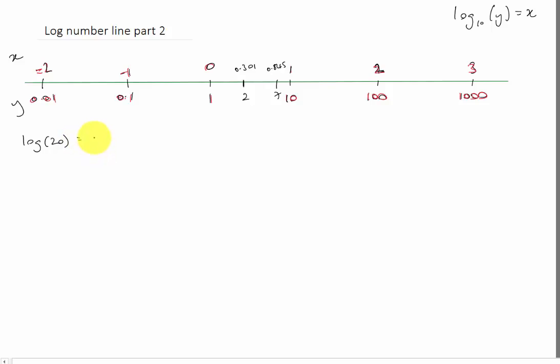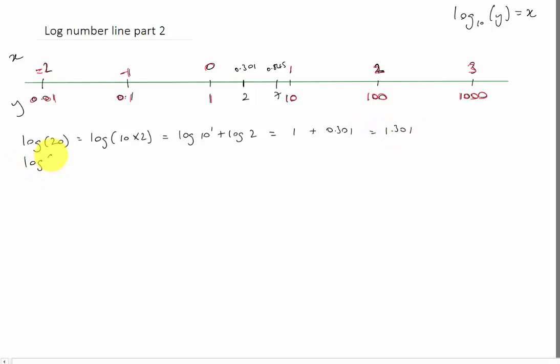So we know that the logarithm of 20 is equal to the logarithm of 10 times 2, so that's the same as saying the logarithm of 10 plus the logarithm of 2, so that's 1 plus 0.301, so that's 1.301.